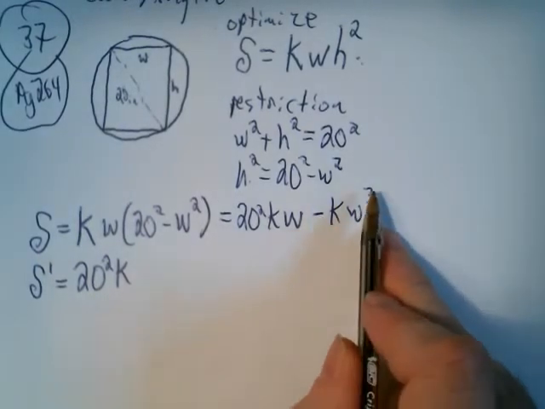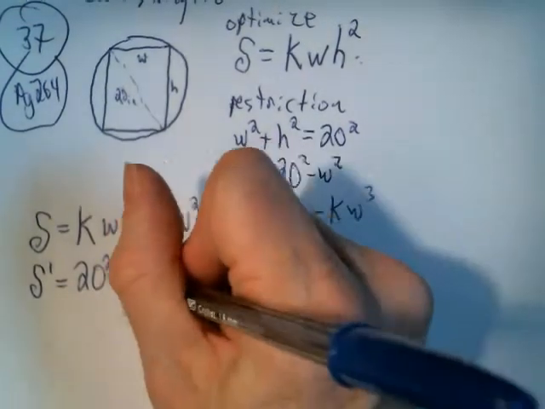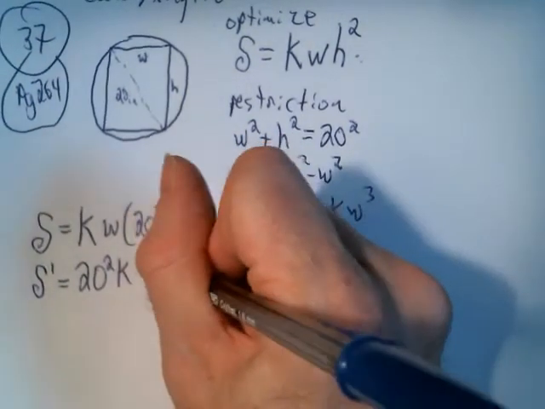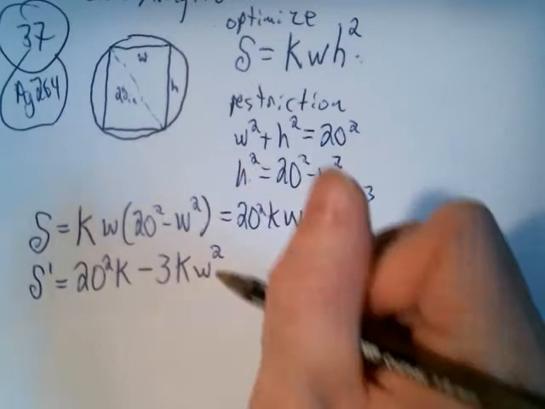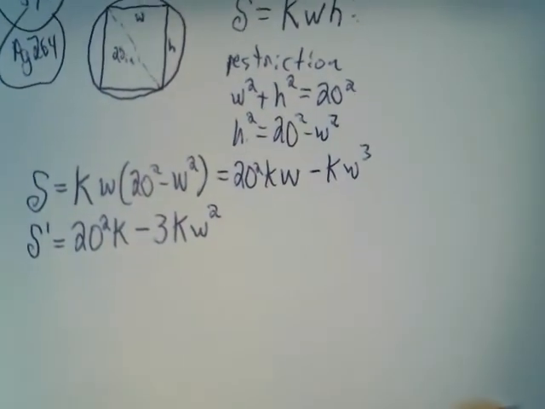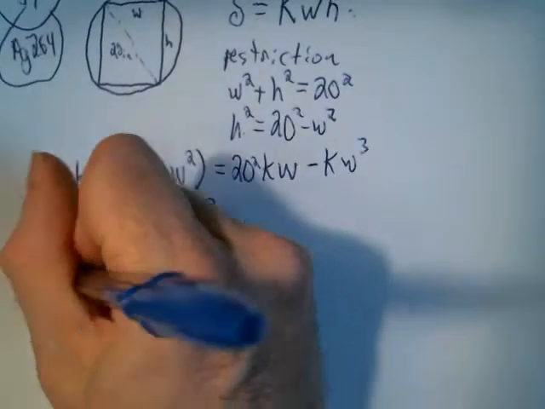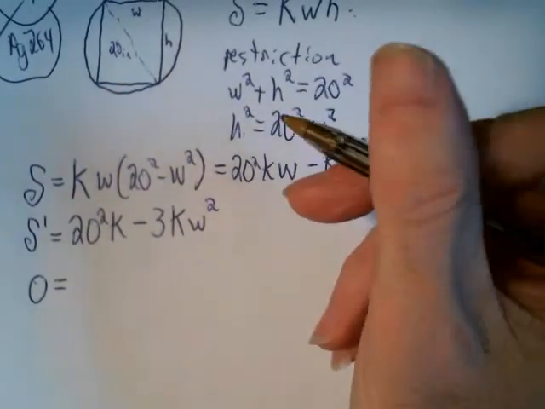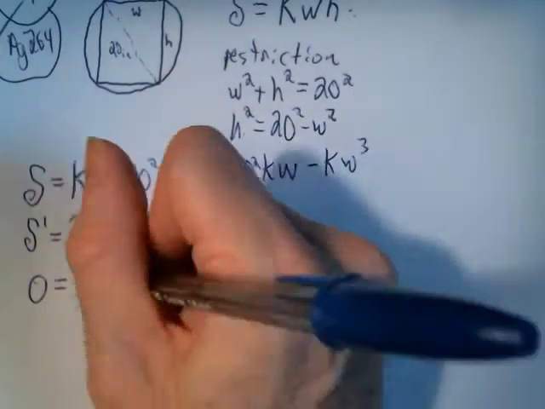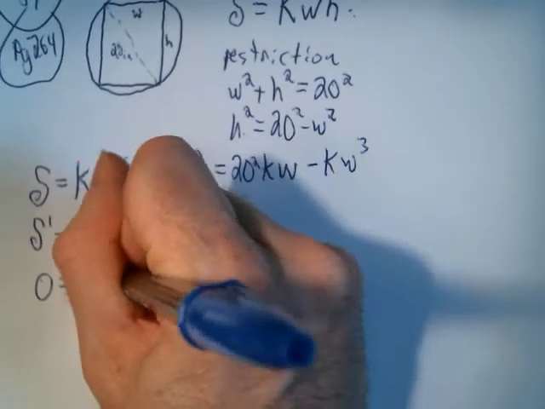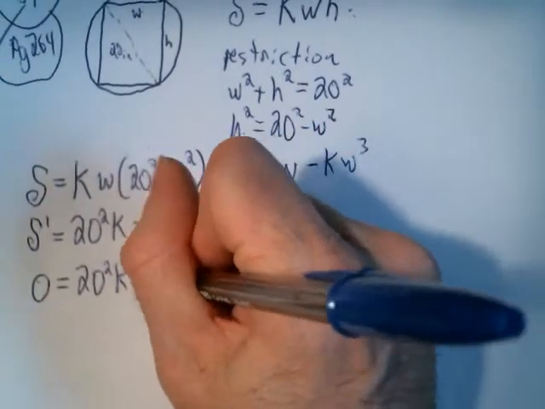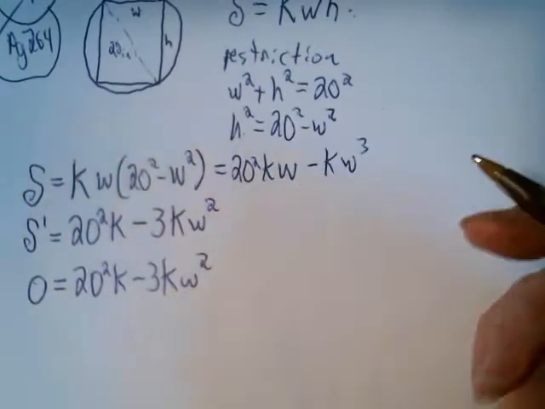Bring down the 3, subtract the old exponent by 1. So minus 3KW squared. Set it equal to 0. So you have 0 equals 20 squared K minus 3KW squared.